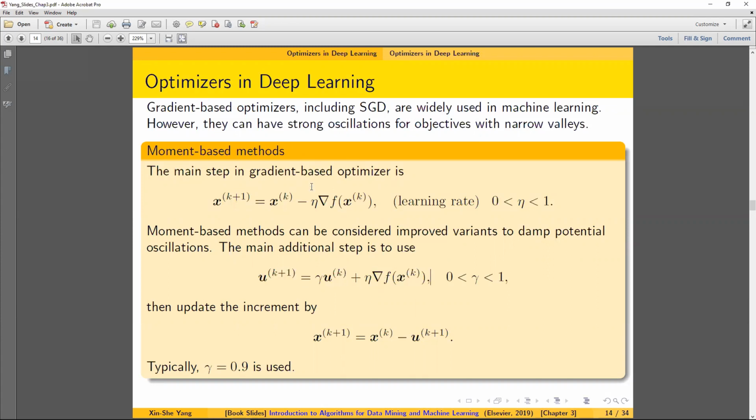It's very similar to what we saw there. And then once you have mu k plus 1, instead of using the original xk minus this, now it becomes original xk minus mu k plus 1 to come back with your new xk plus 1. Typically, gamma used is 0.9.